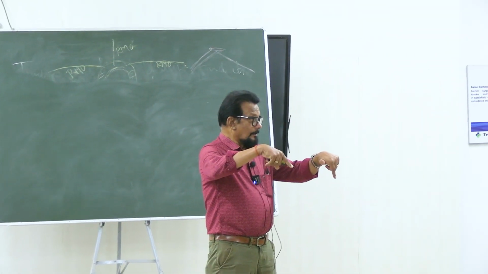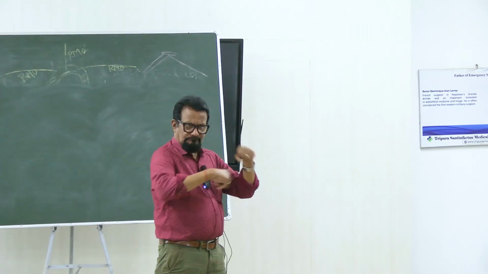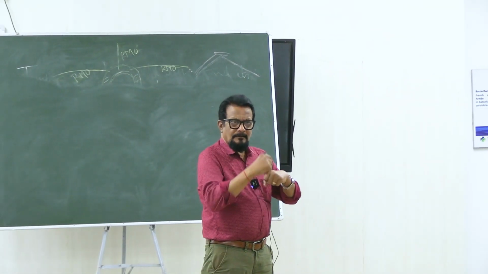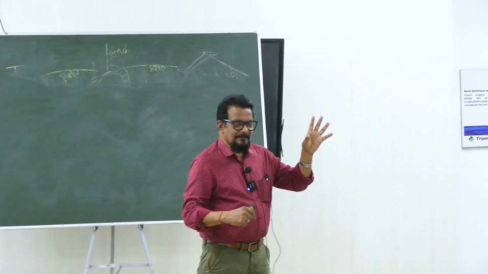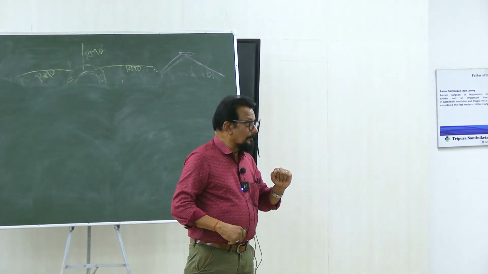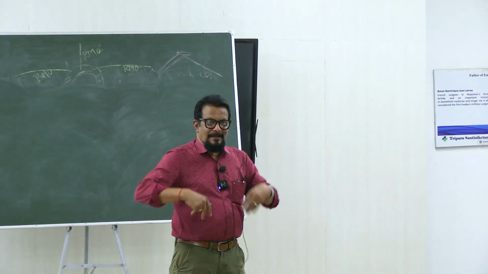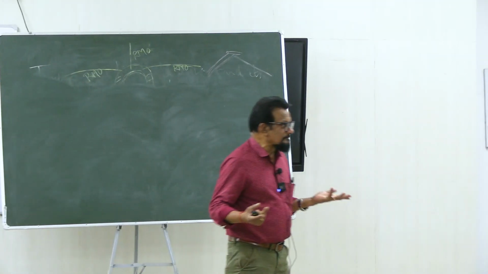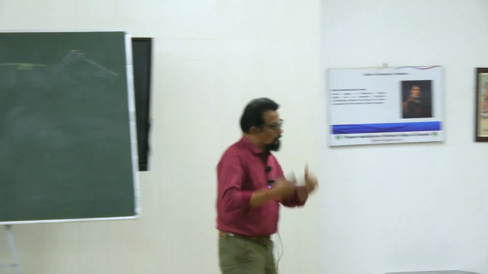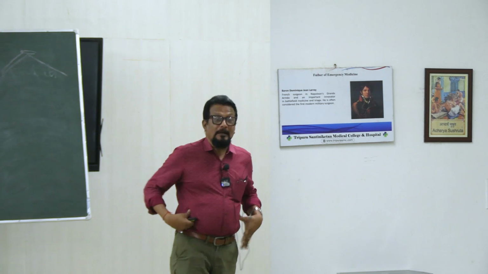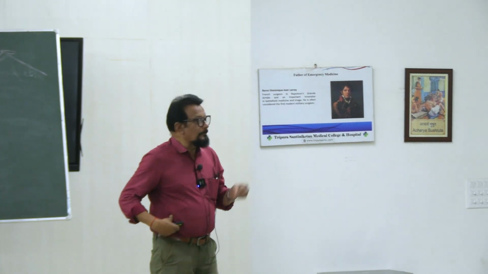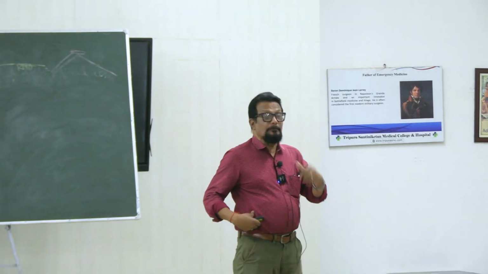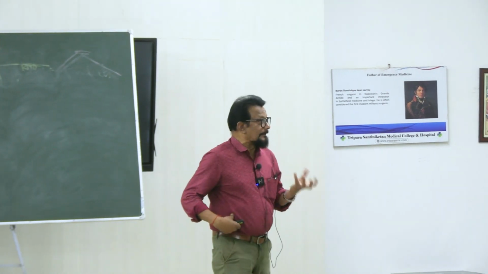Or when you are doing vigorous exercise, what will happen? You will first utilize your stored carbohydrates, then after some time it will be exhausted. Then which nutrient will you depend on for deriving your energy?